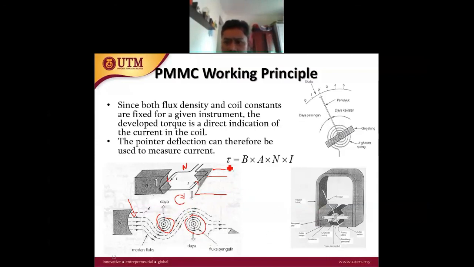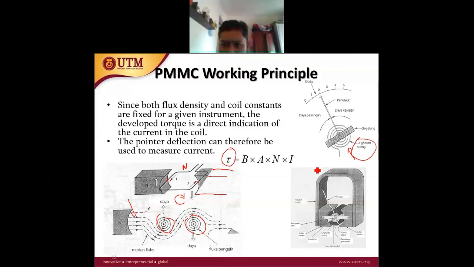But again, in our application we have a spring that limits the rotation. So the torque produced by the current will be opposed by the counter torque produced by the spring.